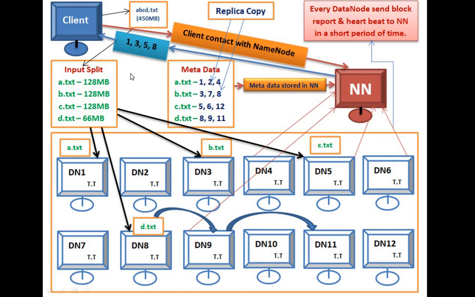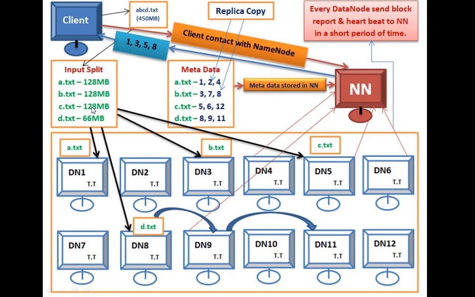Assuming a 128 MB block size, 450 divided by 128 gives 3 blocks with 128 MB of data and 1 block with 66 MB of data. So the 450 MB file will break into 4 input splits.